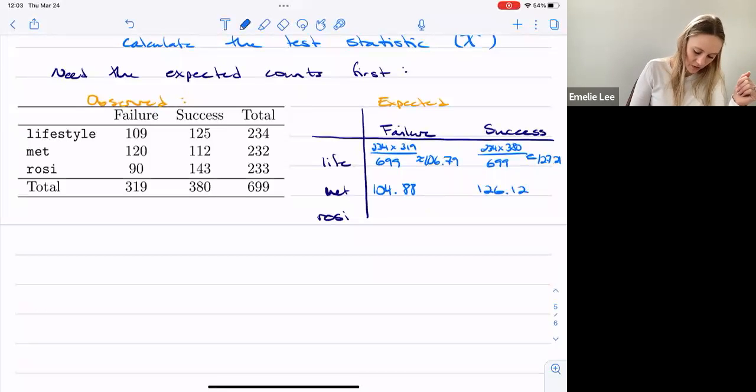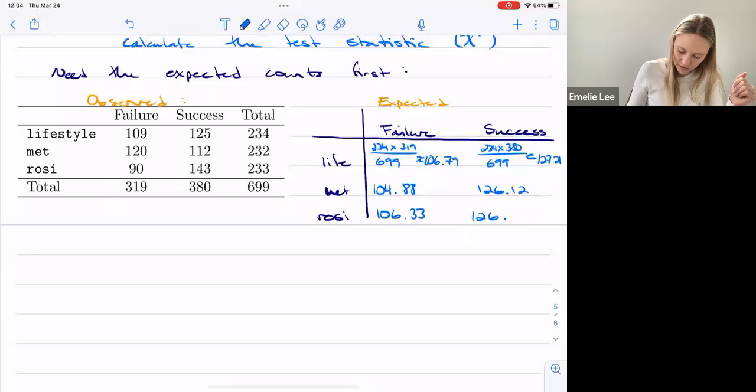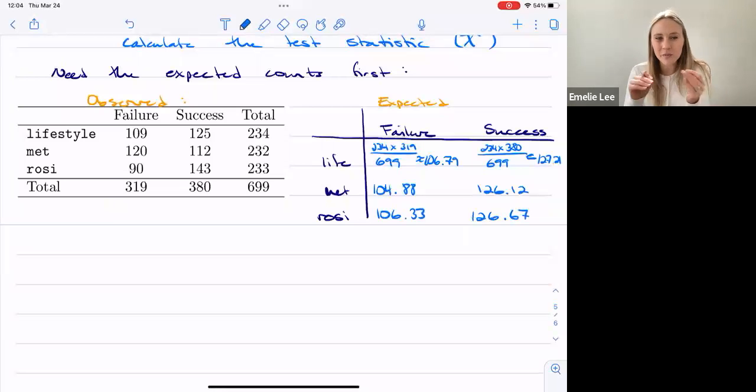And finally, 233 times 319 divided by 699 is 106.33, and 233 times 380 divided by 699 is 126.67. Sometimes I tweak my rounding to make sure that they add up, and let me just check: 104.88 plus 126.12 is indeed 231. So that's good.